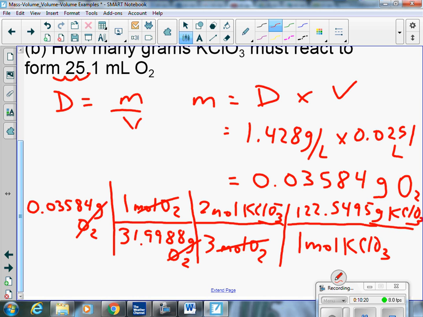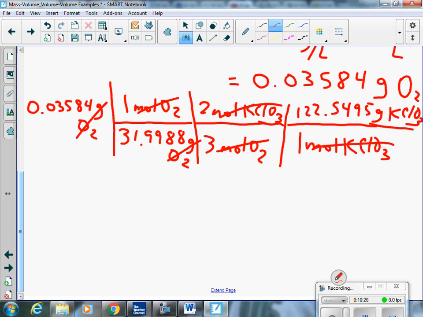So when I get my moles to cancel, my final answer is going to be in grams of KClO3. So all I need to do is the math. And when I do so, I come up with 3 sig figs, right?